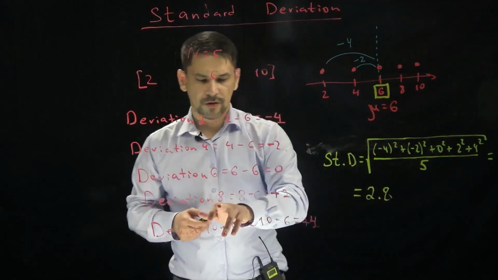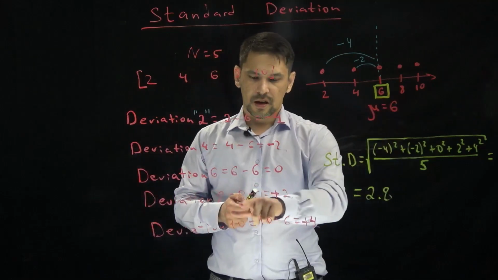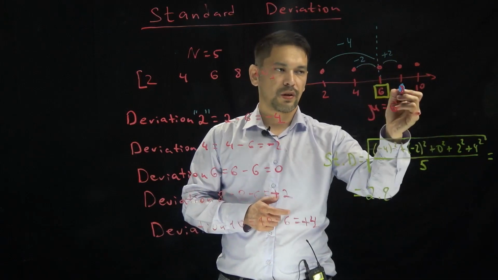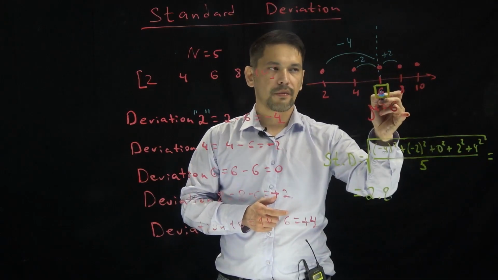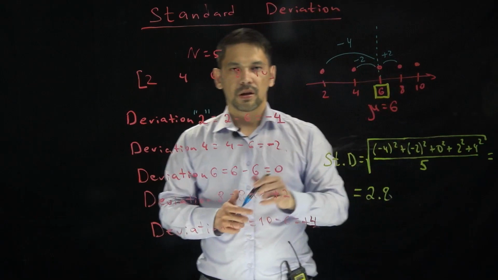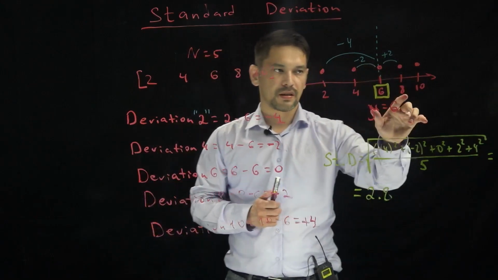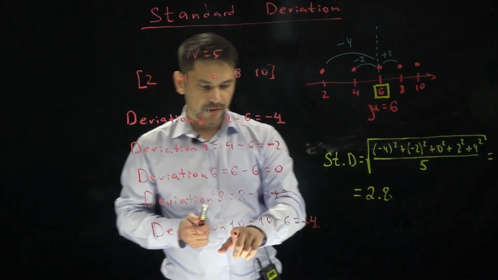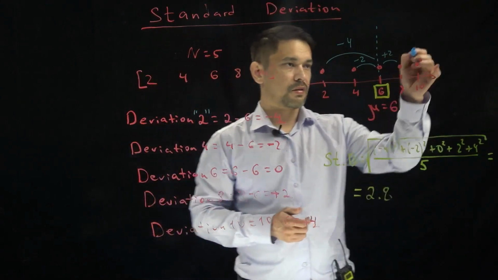Now, the deviation for the value 8 is 8 minus 6, which is plus 2. That means the distance between the value 8 and the average is equal to 2, and it has a positive sign. Why? Because 8 is greater than the average. And the deviation for the last value is 10 minus 6. That gives me plus 4.